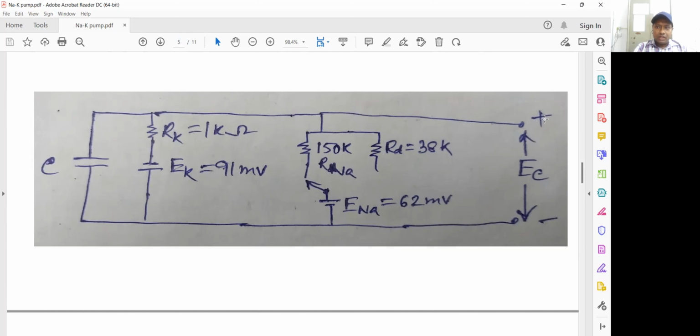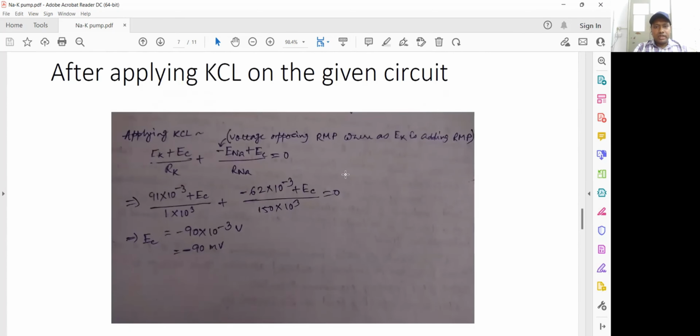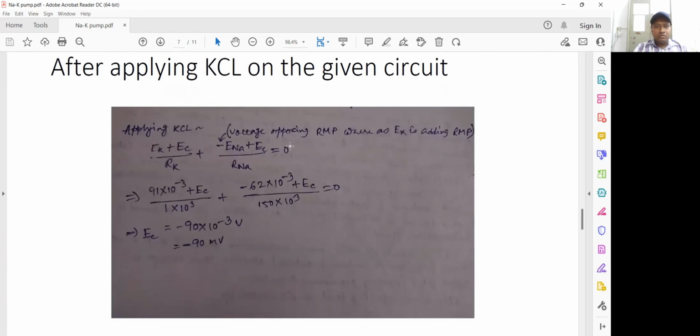We have assumed this is positive, this is negative, and this particular ENA has been applied as negative. So this is minus ENA plus EC divided by RNA. So EC minus ENA divided by RNA will be equal to 0.